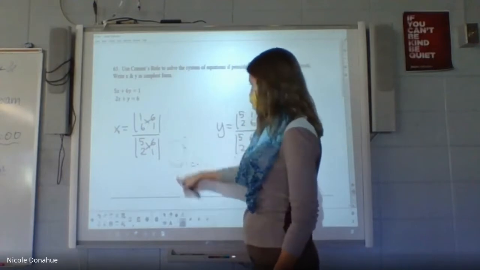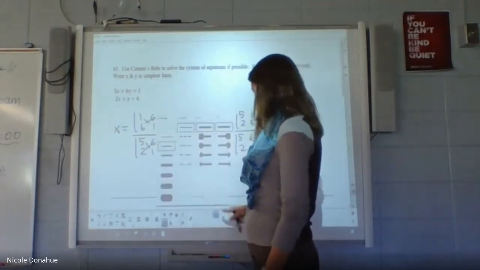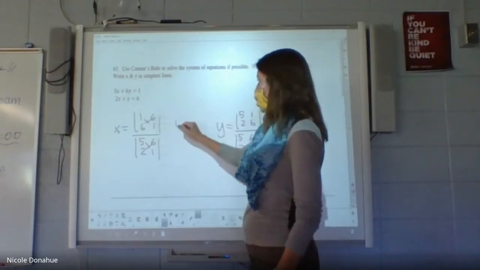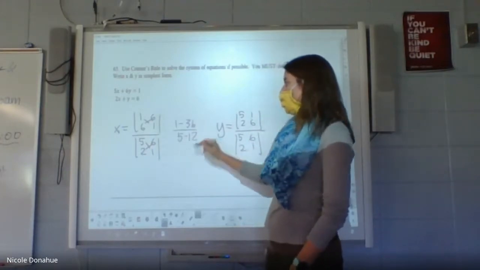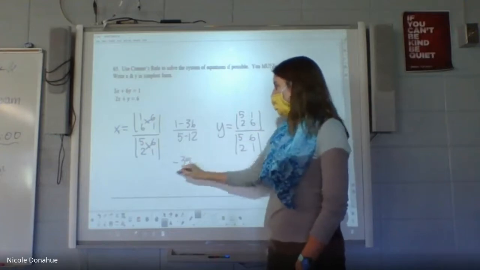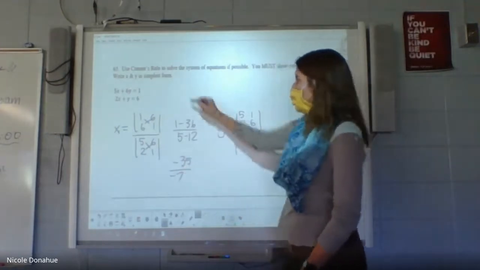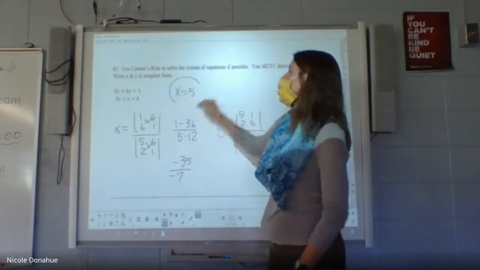Never mind, I can't multiply. That felt wrong somehow. 1 minus 36. There we go. Over 5 minus 12. That's much better. Negative 35 over negative 7, which is how we get x is 5.